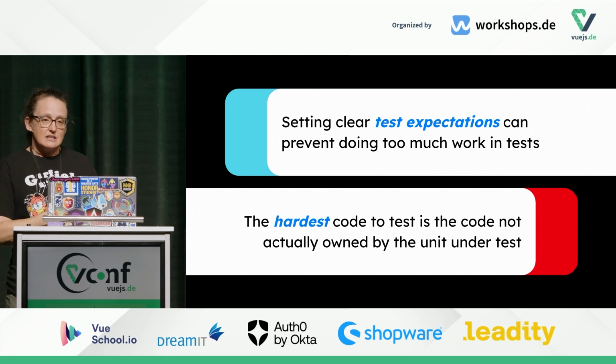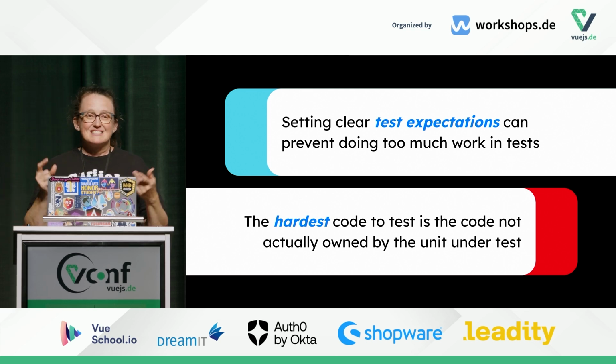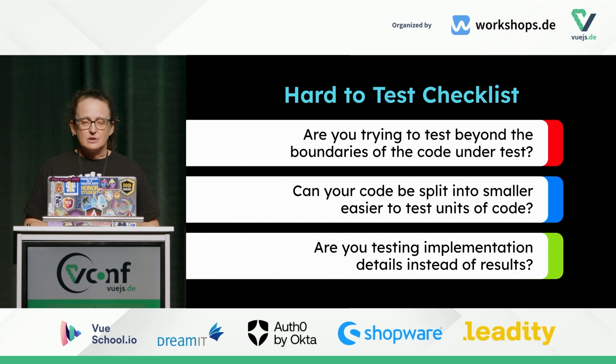Setting clear test expectations can prevent doing too much work in tests, because the hardest code to test is the code not actually owned by the unit under test. If I have a hard-to-test component, or a teammate that's struggling with testing, I ask them: are you trying to test beyond the boundaries of the code under test?